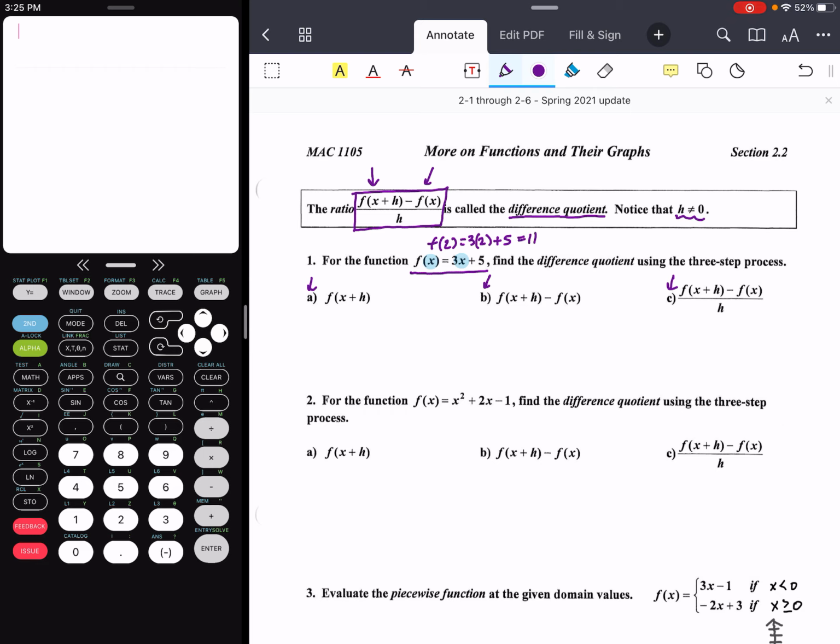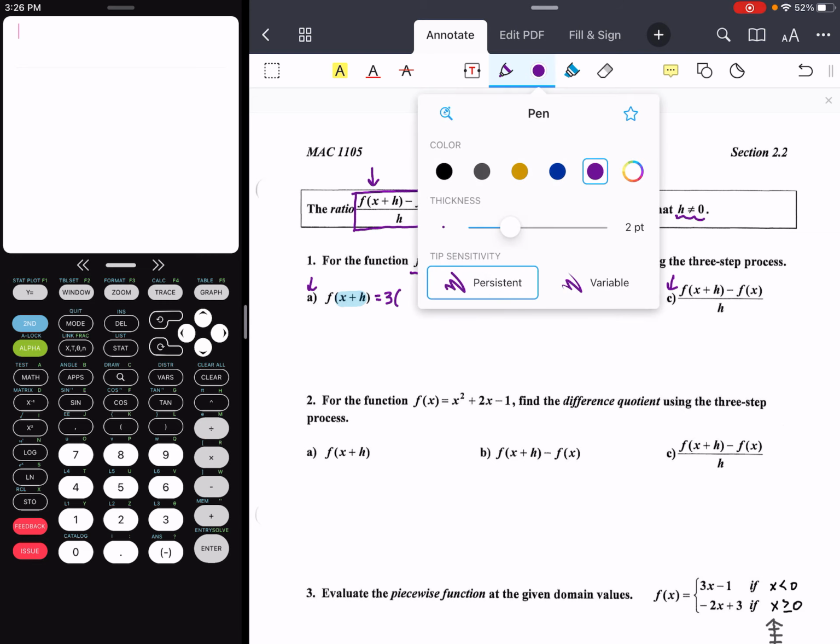Down here in part A, we want to do f of x plus h. So where we have x in our original function, that's going to get replaced with parentheses x plus h. Just like f of 2 was 3 times 2 plus 5, down here f of x plus h is going to equal 3 times x plus h in parentheses, plus 5.